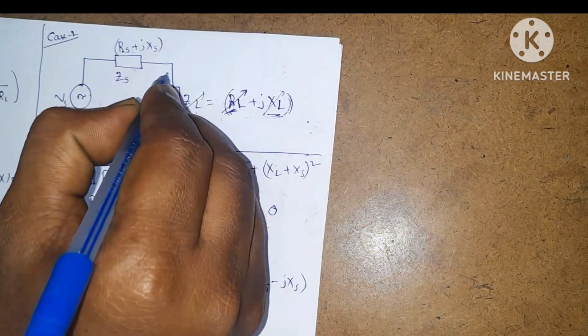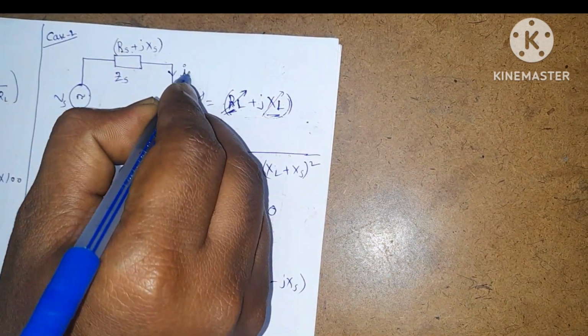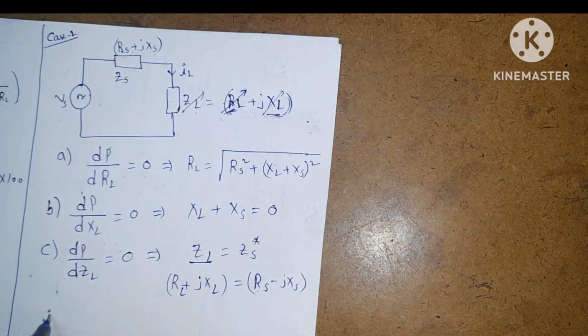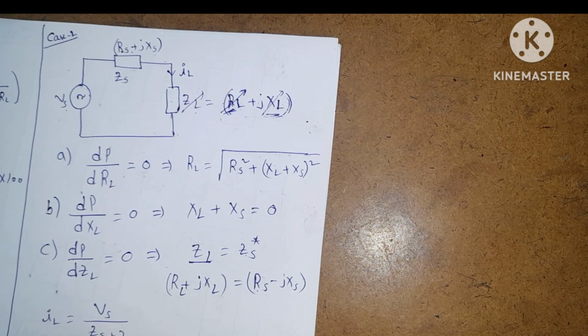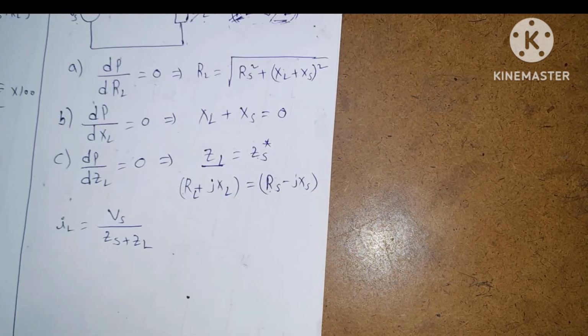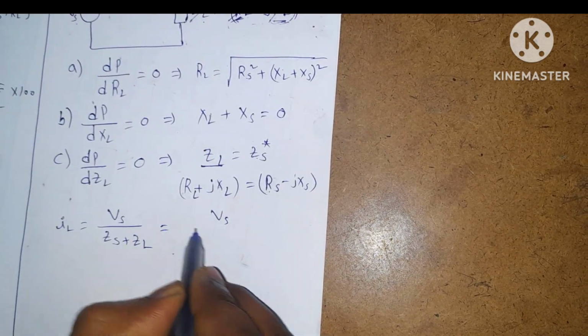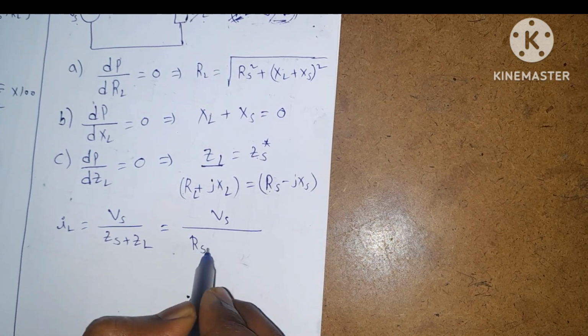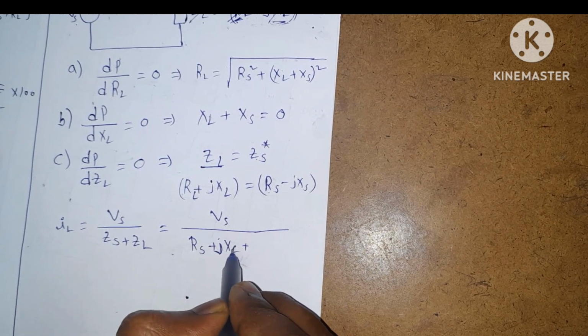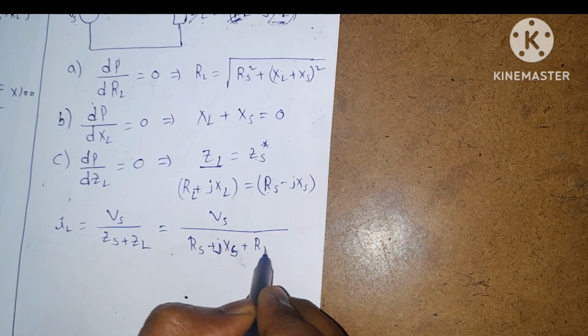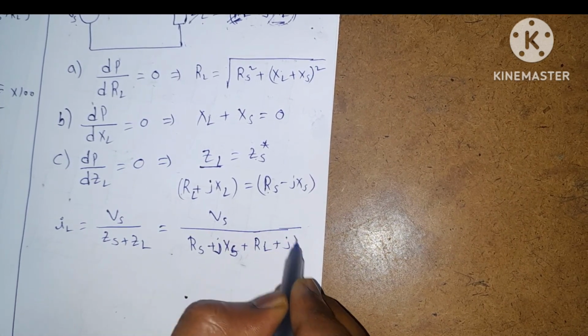Now find the power. Let the load current be IL. IL is equal to Vs by (Zs plus ZL), that is Vs by (RS plus jXS plus RL plus jXL).